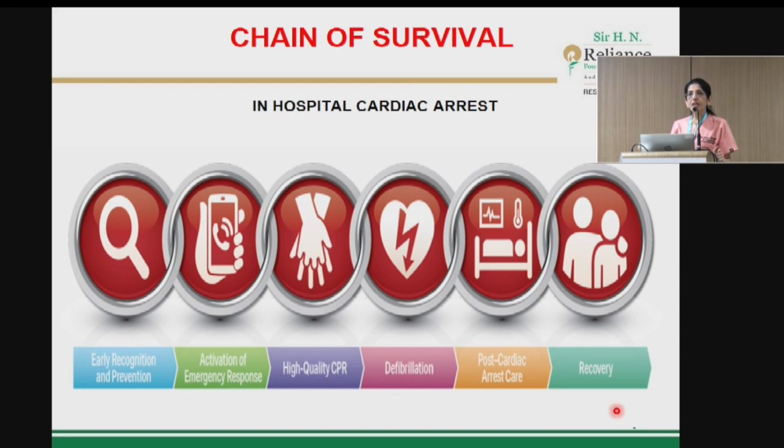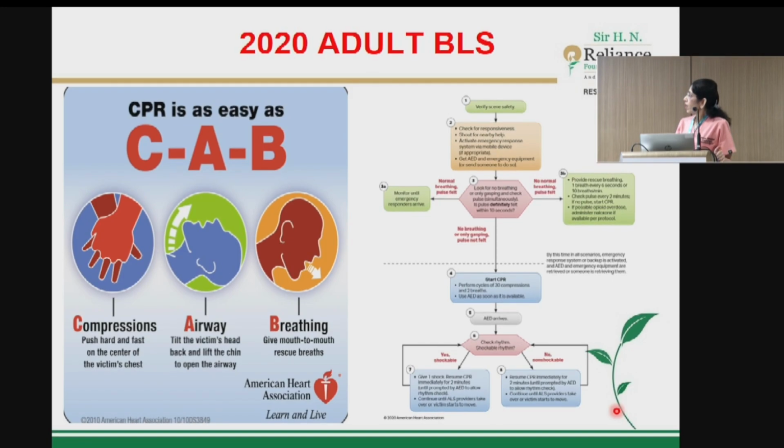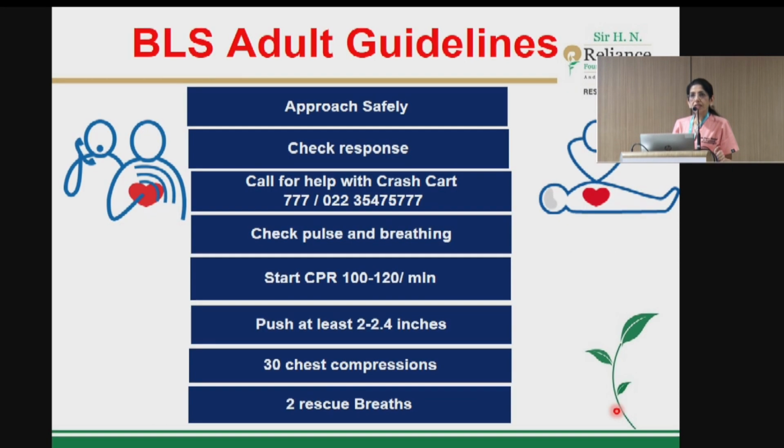The only difference is if you are in the hospital, you will get help very fast, but the steps remain the same. The first step is whenever there's a collapse. Supposing you are outside and there's a fire or somebody is drowned, or you are in a hospital and the patient has collapsed in the washroom, are you going to start resuscitation in that scene or shift the patient to a safer scene?